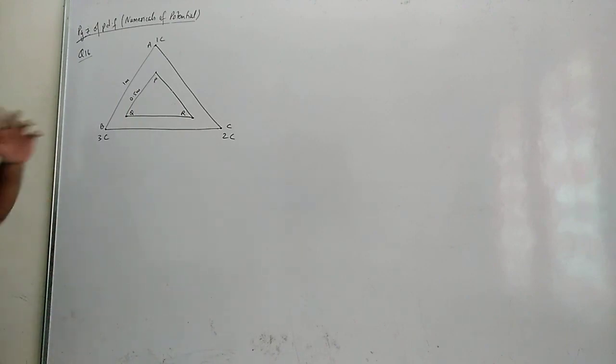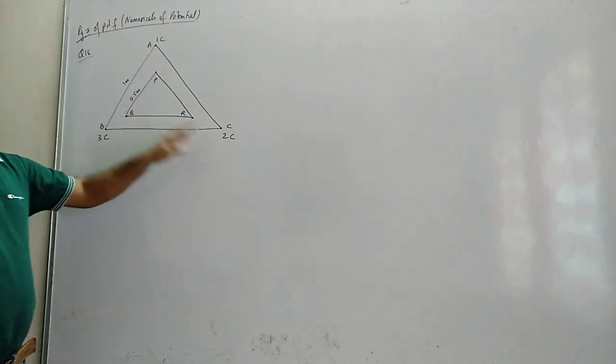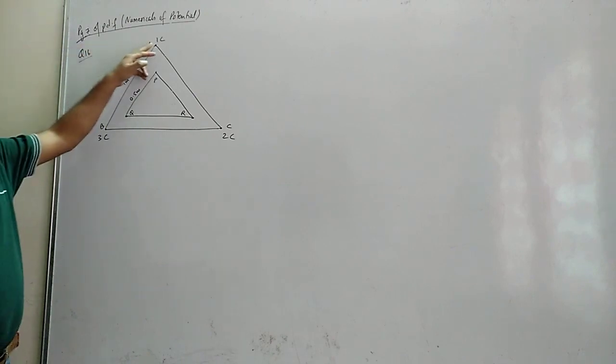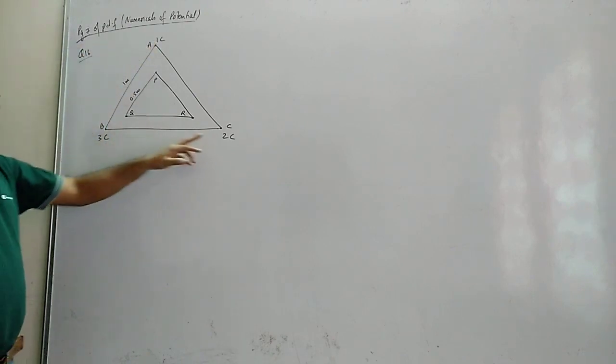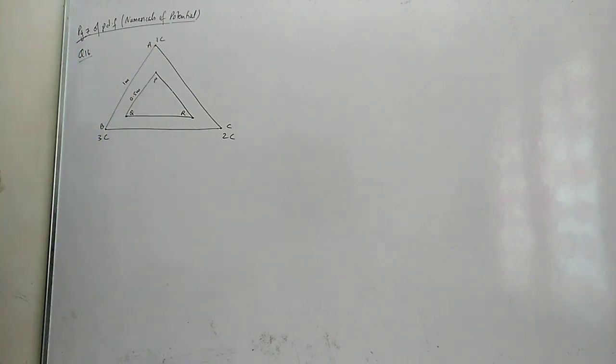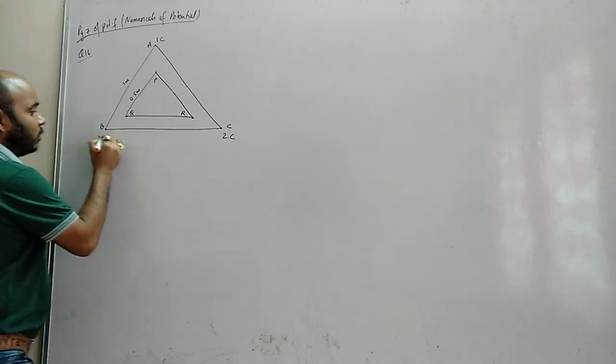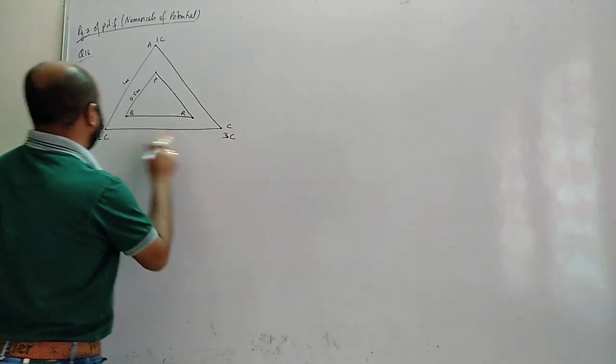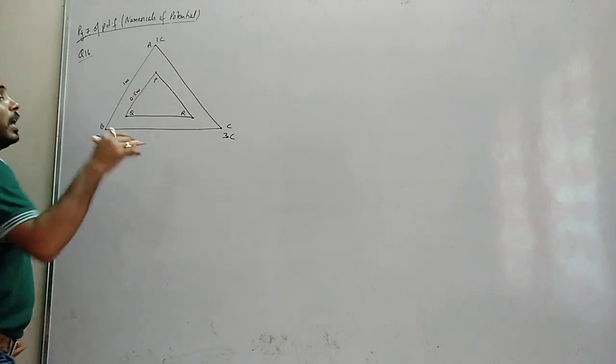I just don't want to write A dash, B dash, all those things. So there is the equilateral triangle ABC and there are 3 charges kept on that equilateral triangle: 1 coulomb, 3 coulomb and 2 coulomb. This is the situation we have. One problem with it: this is 2 coulomb and this will be 3 coulomb. A particular order we have to go for, so 1, 2 and 3 coulomb.